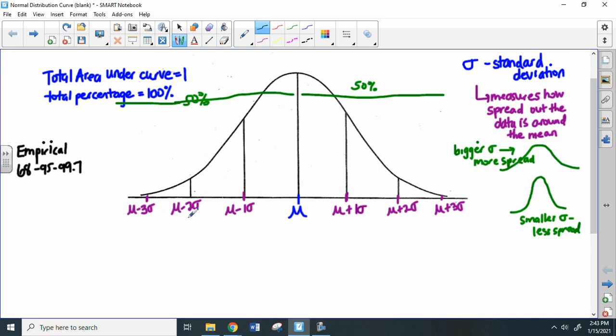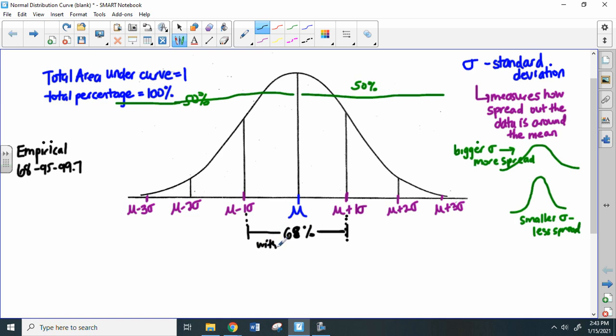It means that 68% of the data lie within one standard deviation of the mean. Okay? 68% of your data lies within, that means forwards and backwards, within one standard deviation of the mean. Okay? And that's approximately.